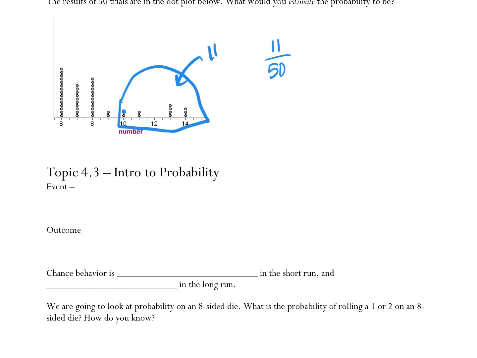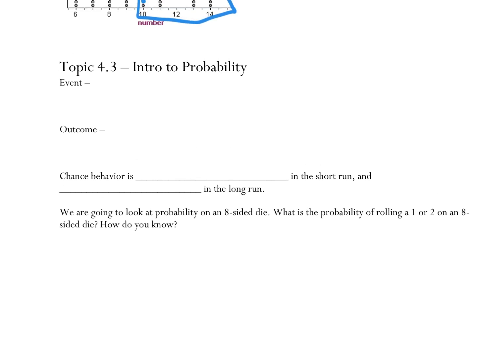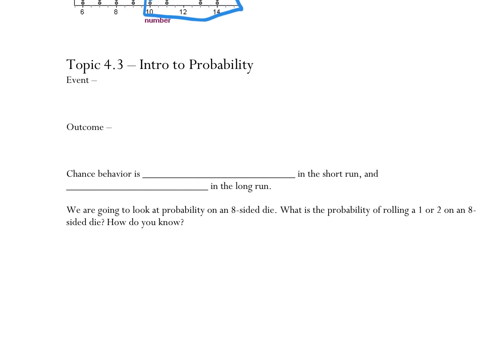Cool. All right, next. Some basic probability rules. An event is a chance process, any chance process.